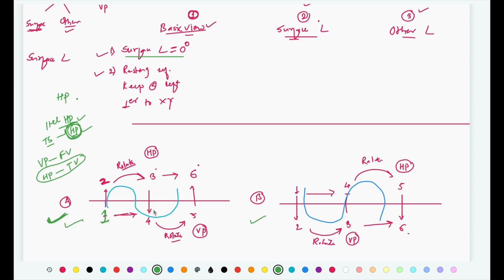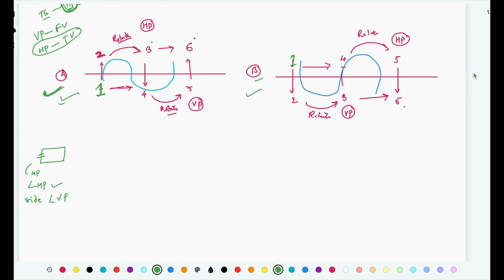If that plane is inclined to vertical plane, you will have to make it parallel to vertical plane and you will get its true shape in a vertical plane, that is in front view. In that case you will be referring to scenario B. But for this example, the scenario that we are going to refer is A. So let's draw a solution now.